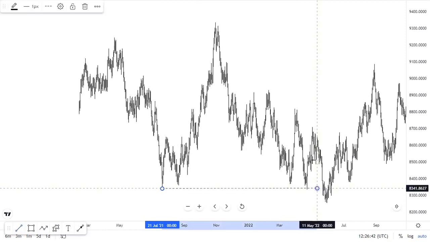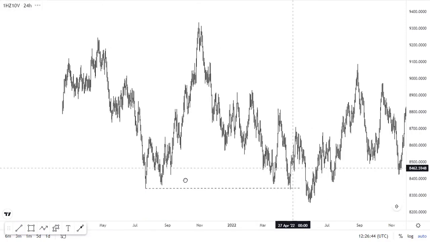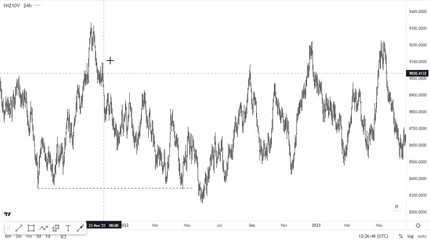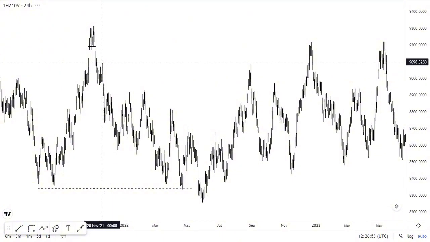After that break of structure, this is our primary inducement. We have our primary inducement here, and then we have this place as a point of interest.